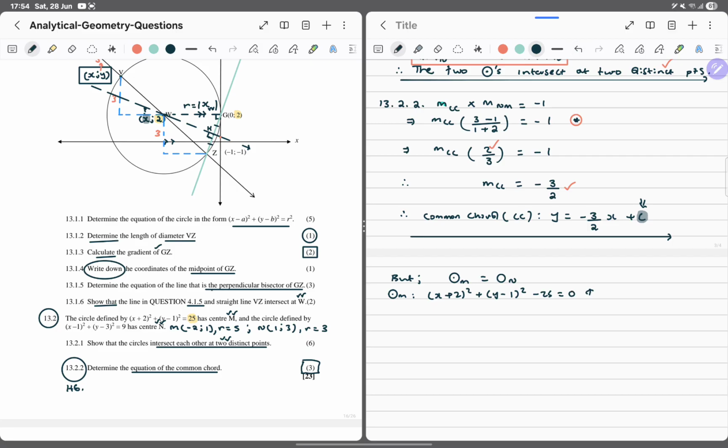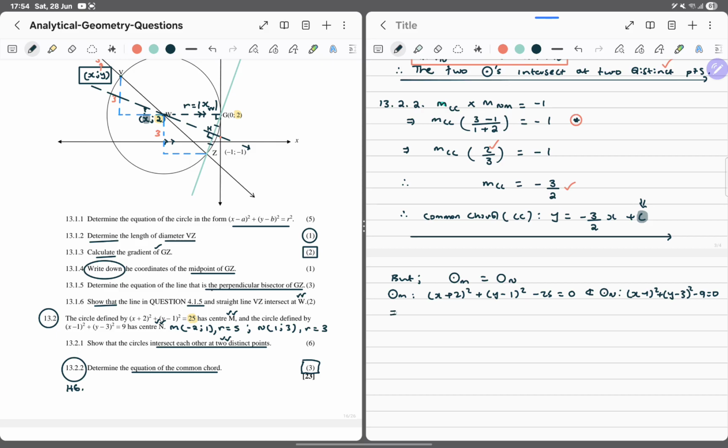right? And circle N can also be written as x minus 1 all squared plus y minus 3 all squared minus 9 equal to 0. Now, that is the best way to deal with issues here, because if this is 0 and that is 0, and we know these ones are going to be equal, this tells us that we can actually put them side by side.